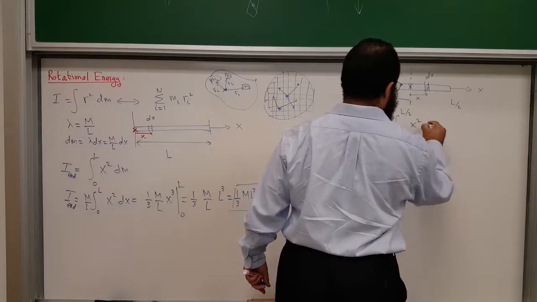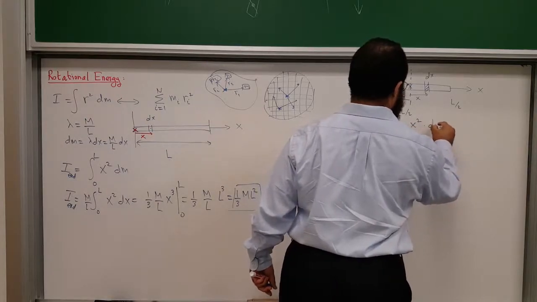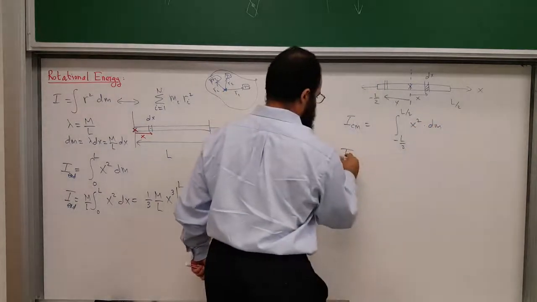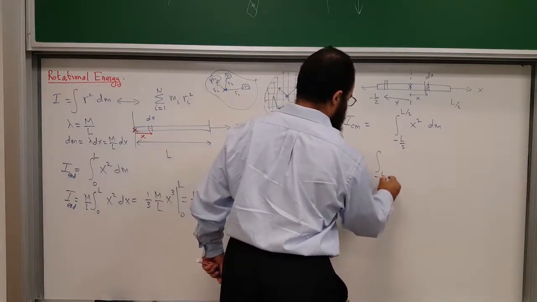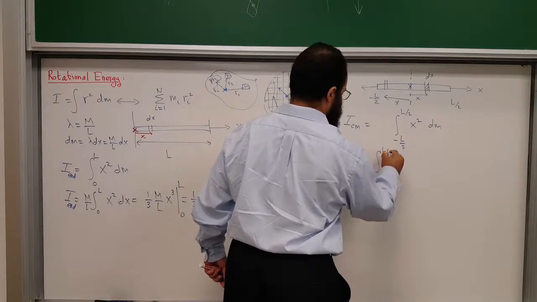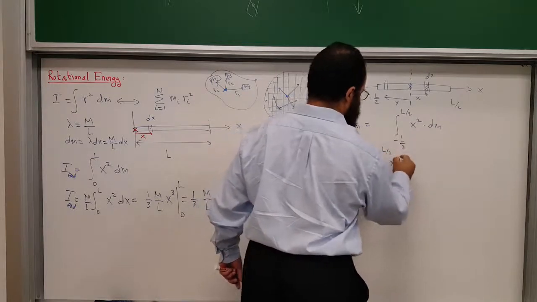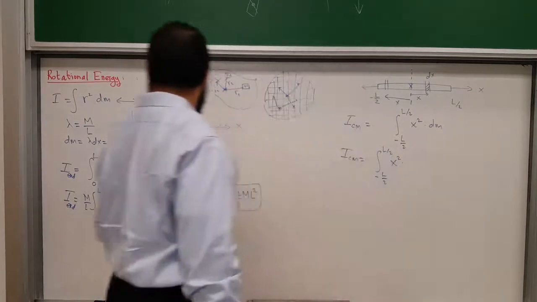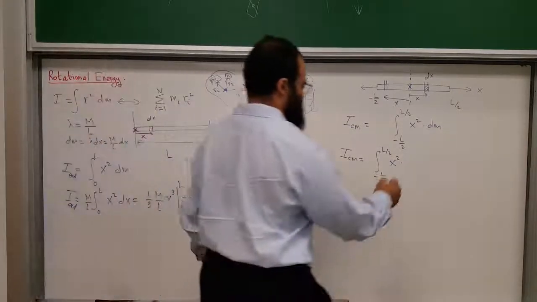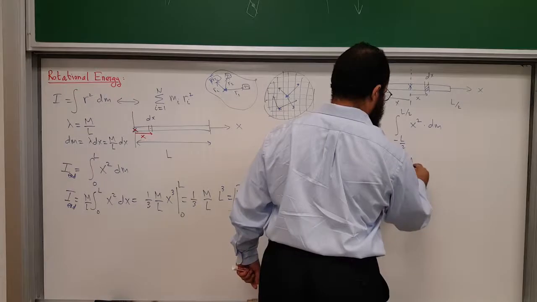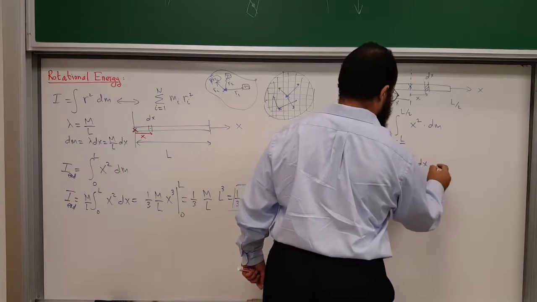So I about the center of mass will be the integral from minus L over 2 to L over 2 of x squared times dm. What is dm? Well, dm is m over L times dx.